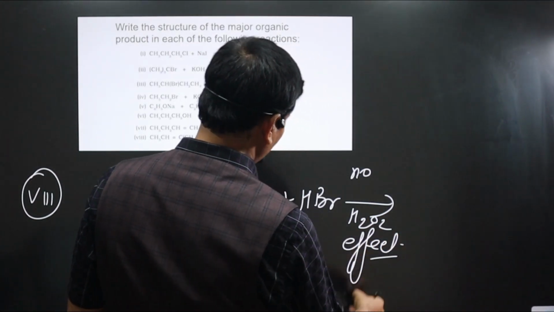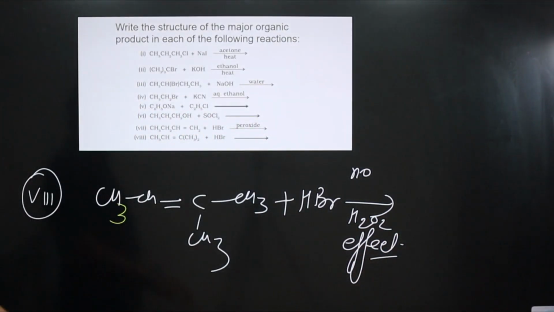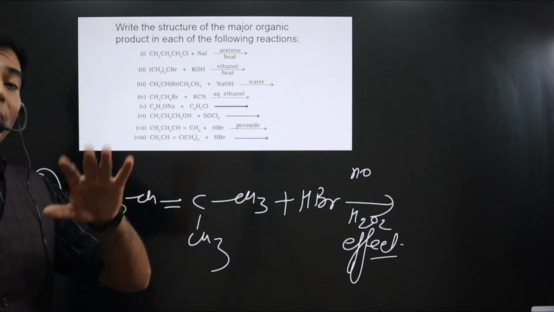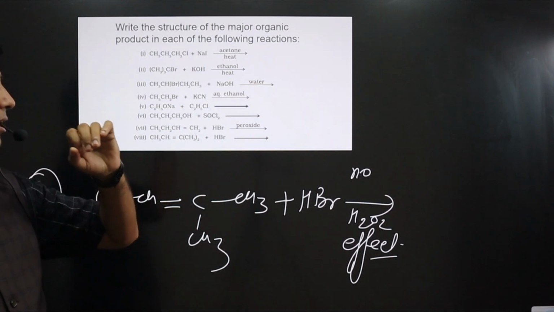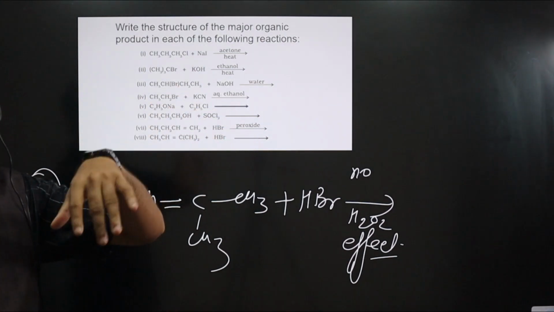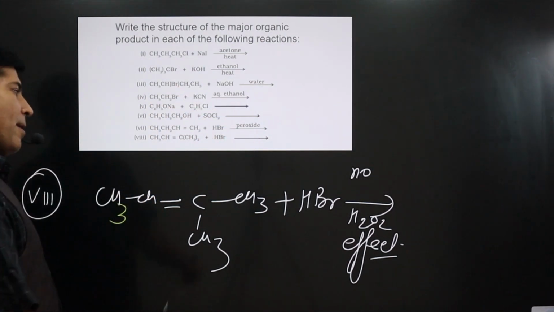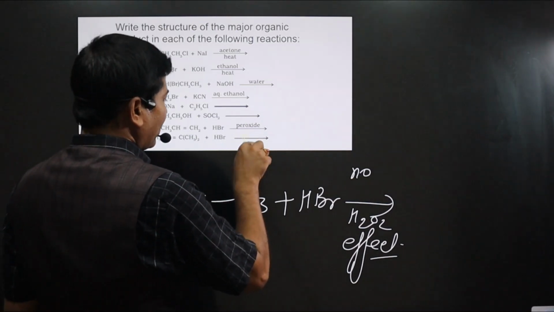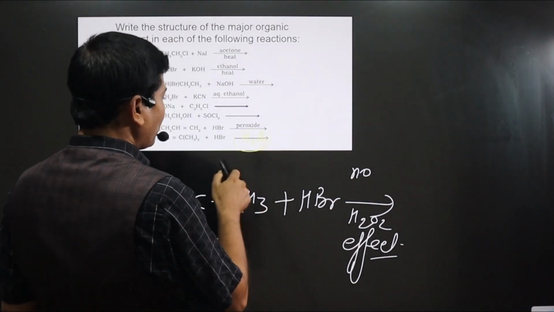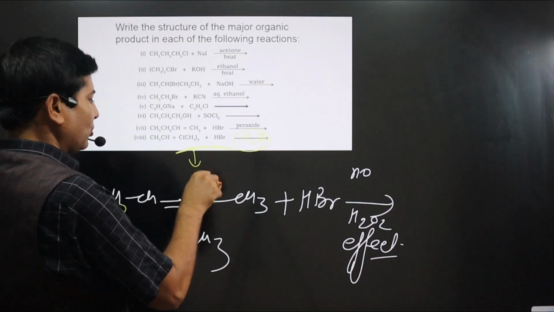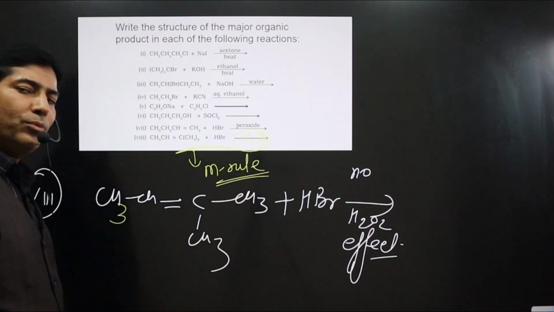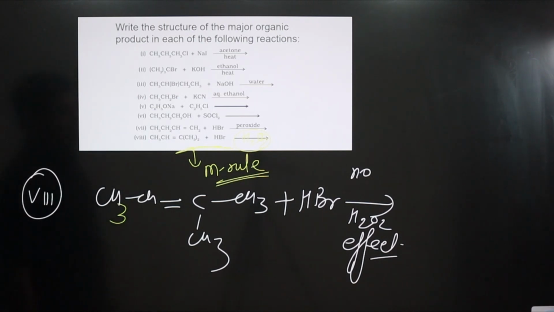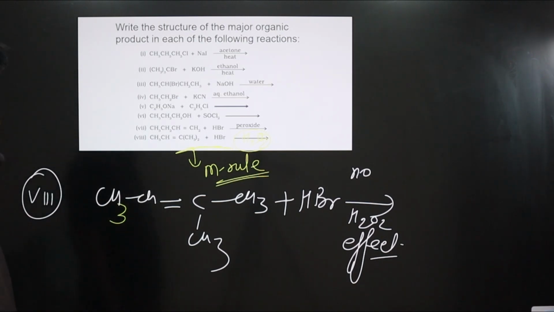So keep in mind the anti-Markovnikov rule acts only in the presence of the peroxide effect, in the case of HBr when H2O2 is there. But in this case H2O2 is not there. So this reaction will take place according to the Markovnikov rule only.